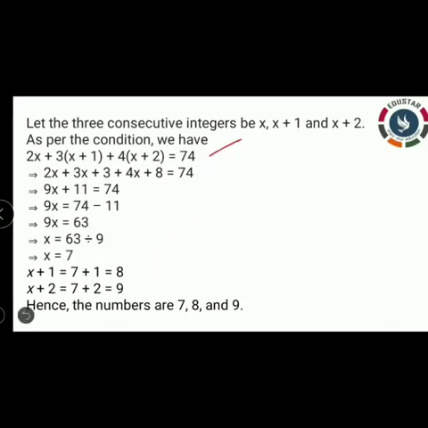Apply the distributive property carefully. 3 into x is 3x plus 3 into 1 is 3, 4 into x is 4x plus 4 into 2 is 8. And the value of x is equal to 7. And next, substitute the value of x. So x plus 1 is 8, x plus 2 is 9. So from this, the numbers are 7, 8 and 9.